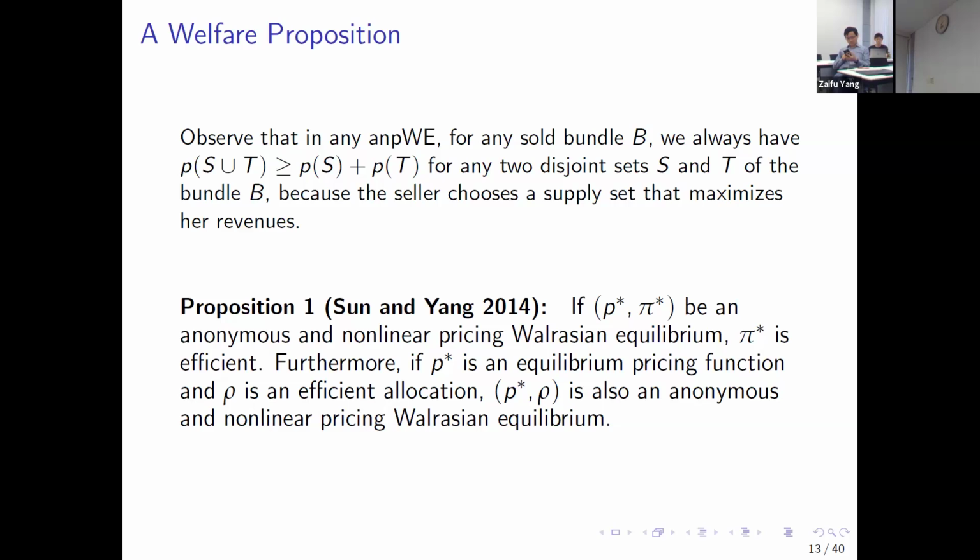Also, for any equilibrium price function and any efficient allocation, if you combine them together, you will make a new relation equilibrium, assuming that commodities are complements. This one we use.